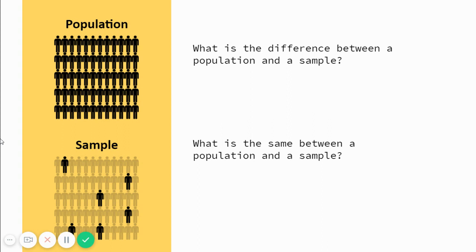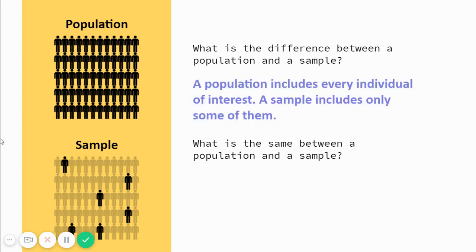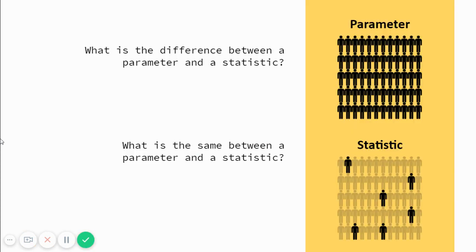And the way in which we collect our samples is the way in which we can get good data on our population. Population includes every individual. A sample only includes some of them. They both are comprised of individuals.